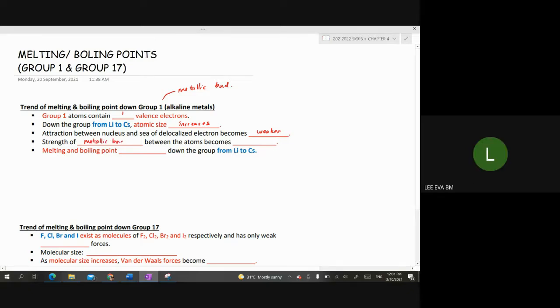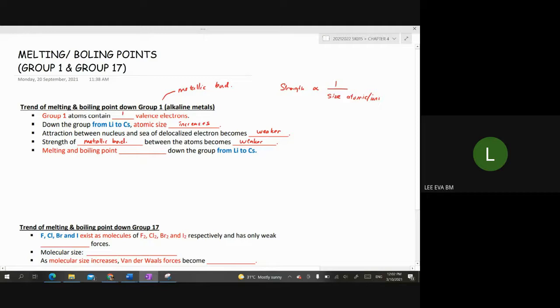metallic bond. Okay, so the strength of metallic bond between atoms becomes stronger or weaker? Stronger. When the size increases, the strength becomes weaker. This one goes back to 4.5, the earlier just now. Strength of metallic bond is inversely proportional to the size. Size, it can refer either to atomic size or ionic size.